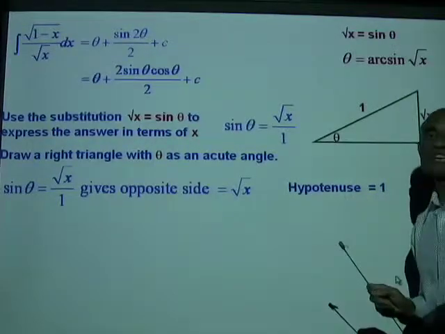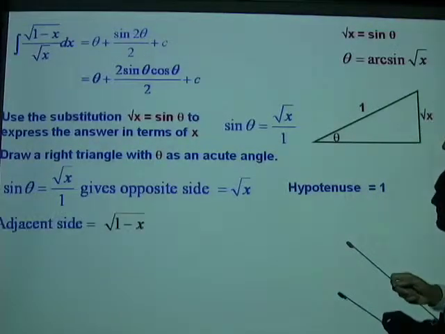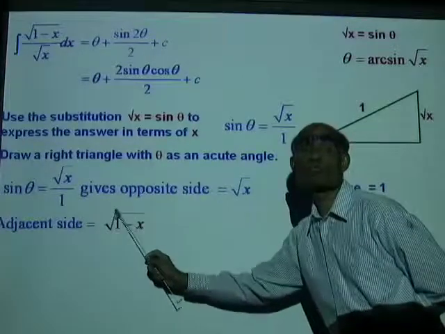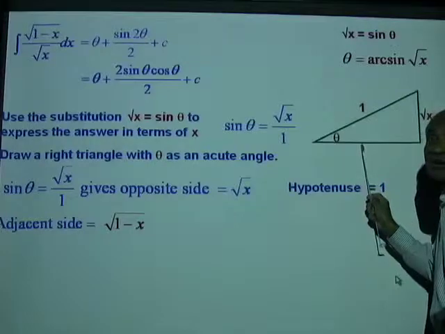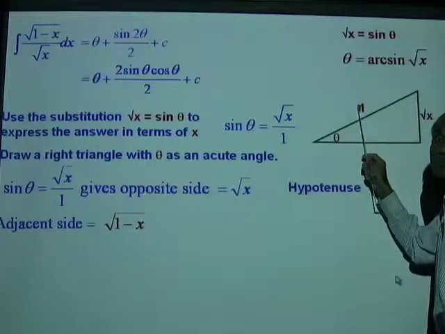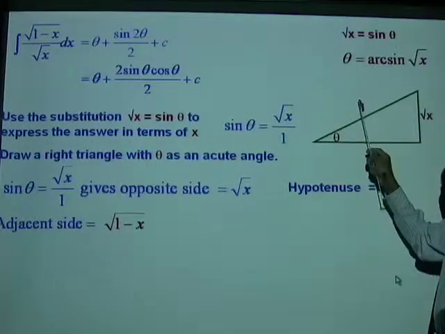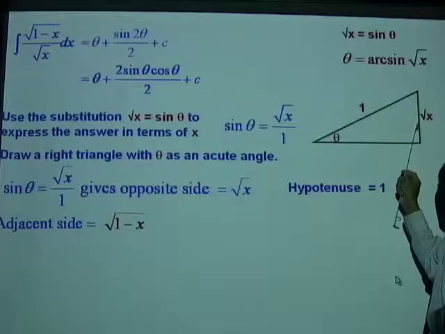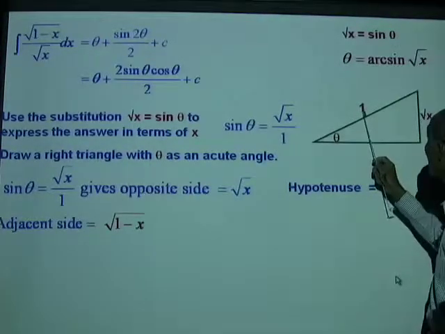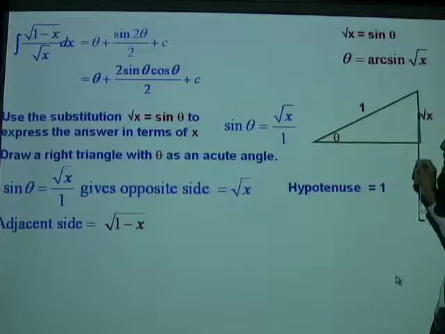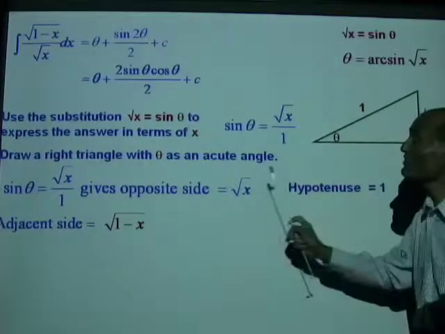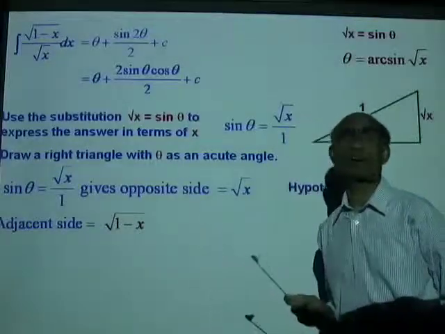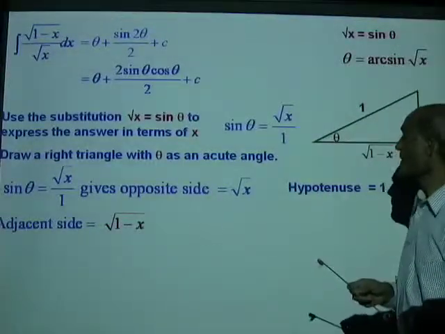Therefore, what is the adjacent side? The adjacent side will be square root of 1 minus x. Why? Because the square of the adjacent side is 1 squared minus square root x squared, which is 1 minus x. Therefore the adjacent side is square root of 1 minus x.